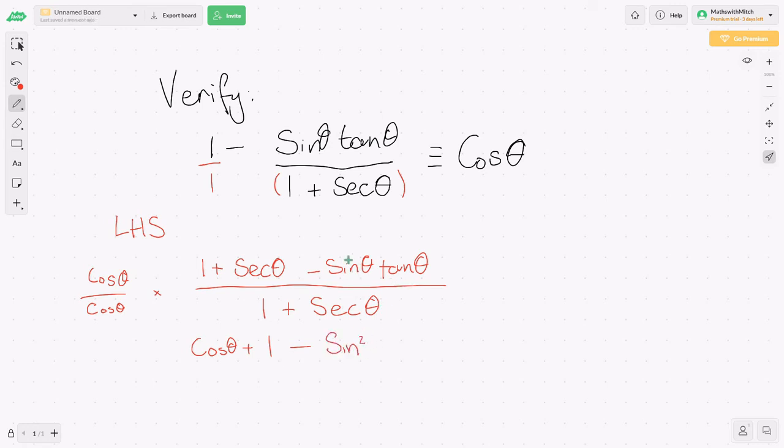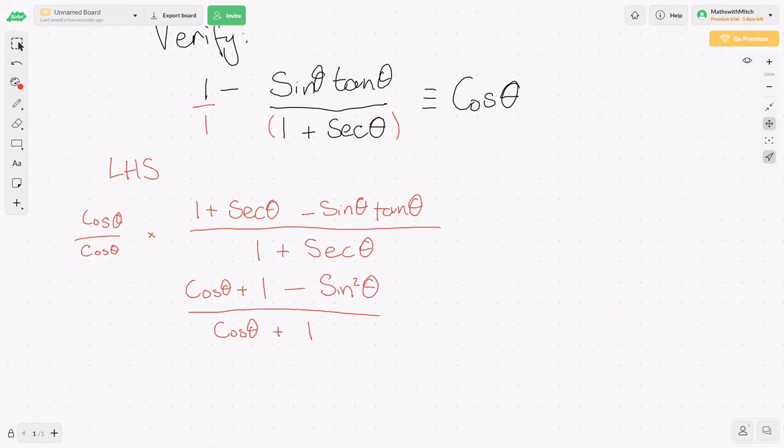And we then have the original sine there, so that ends up with sine squared theta. And then on the bottom, we're left with cos theta is the 1, and then sec, as I just said, times sec by cos, you end up with 1. So there we are, that's cos theta on the top and bottom.